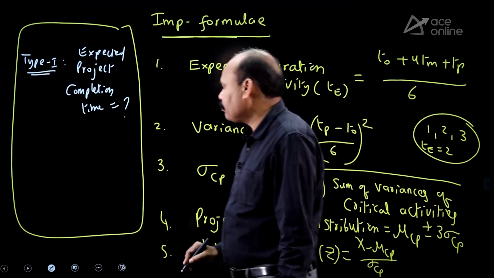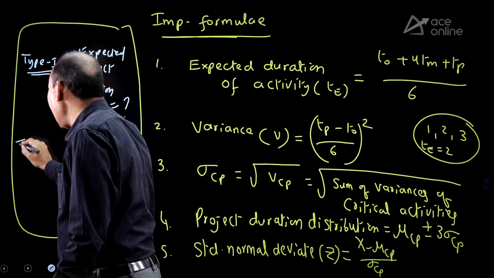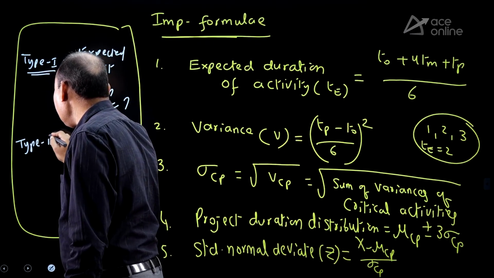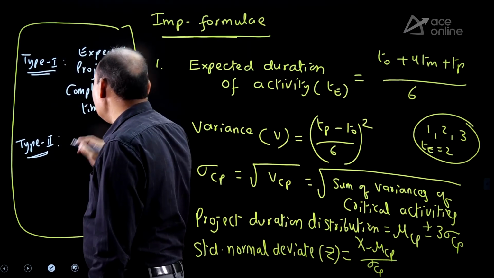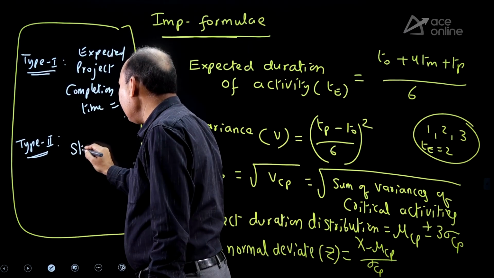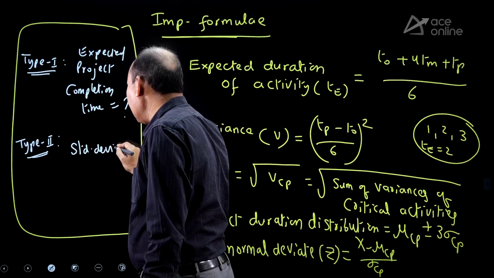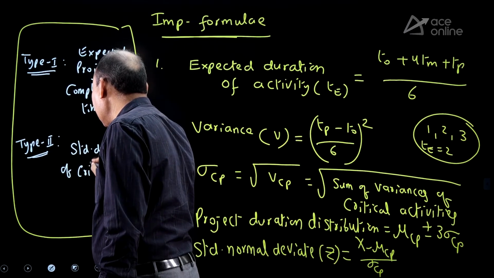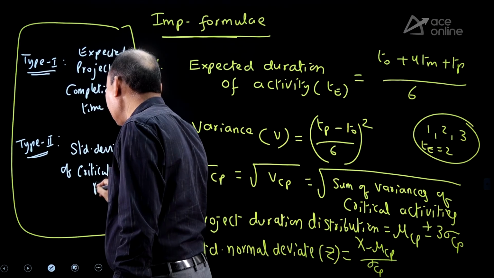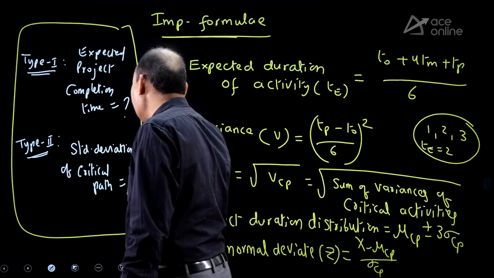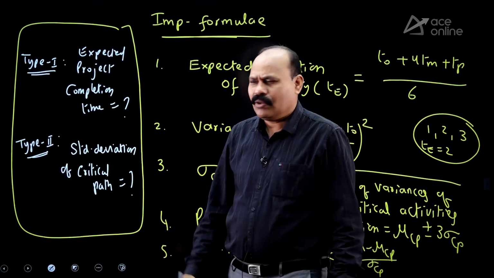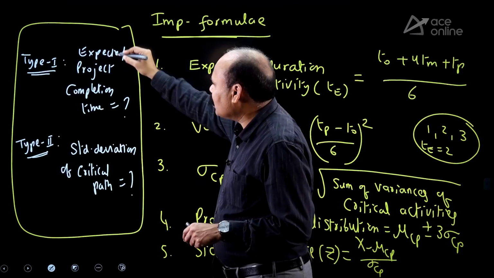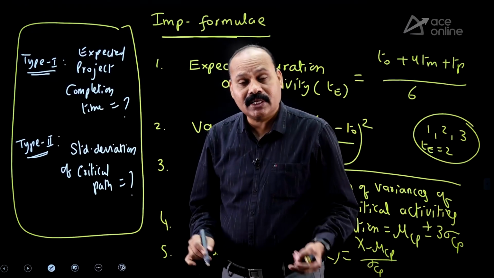Next, type 2: standard deviation of critical path. Majority, 90% chance of getting only expected project completion time.